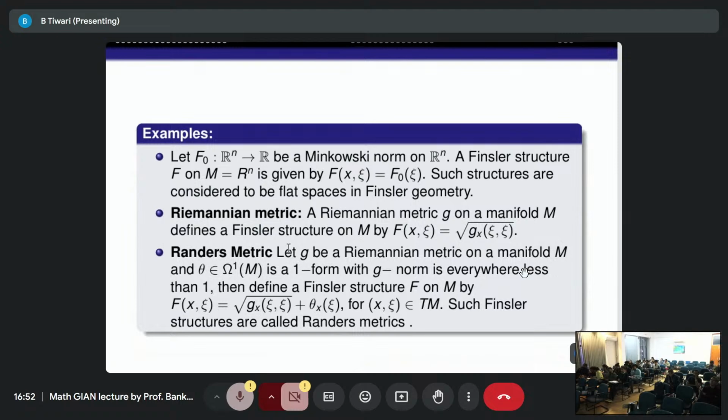A slight deformation of the Euclidean metric was the Randers metric, and that was an example of a Minkowski metric. So on a manifold, if you have a Riemannian metric and a one-form, you can define a Finsler metric in this way: the Riemannian norm deformed by the value of this one-form on the vector chi. It can be proved that it satisfies all the conditions of a Finsler metric, and this is called Randers metric.